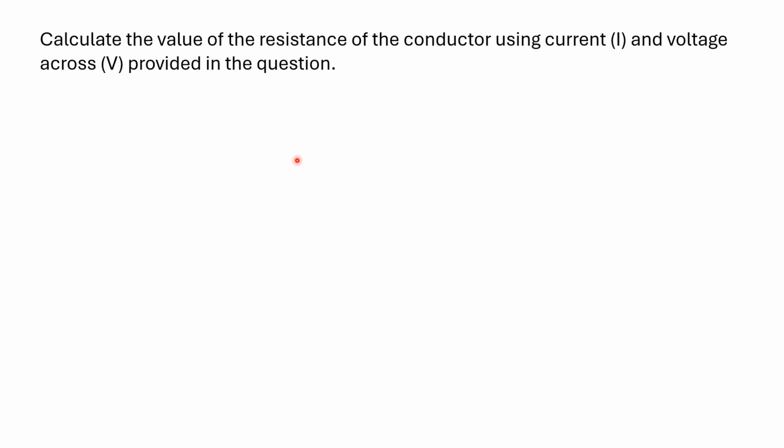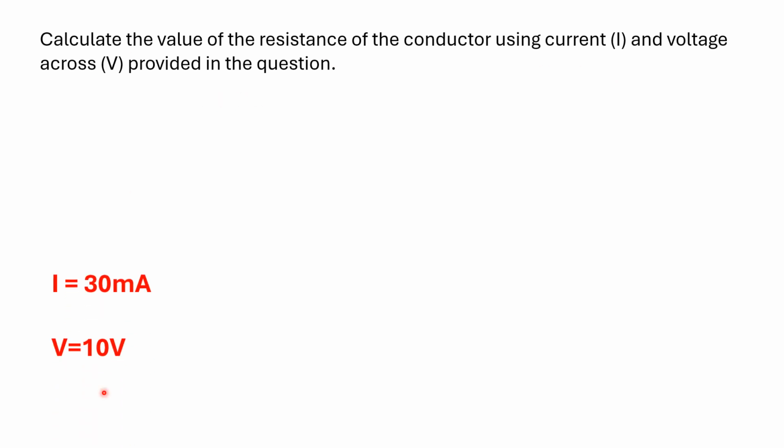Now, unfortunately, we don't have the value of the resistance of this block semiconductor. We were provided the current that flows through the conductor and the voltage across the conductor. So we need to use those values to calculate the resistance of the conductor using the current and voltage provided in the question.